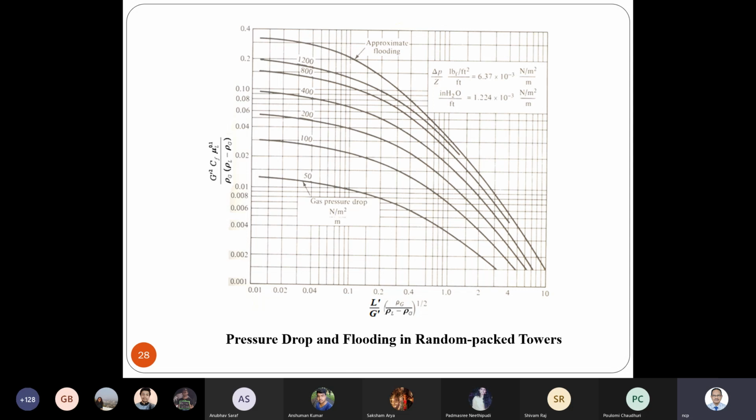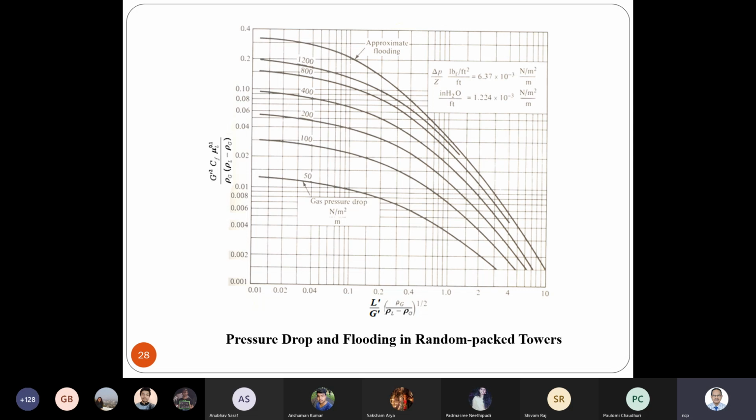So suppose this is the packed portion. Now I am considering a section like this, of a particular height, say small z, and the total height of the tower is say capital Z. So Z is the total height of this tower.